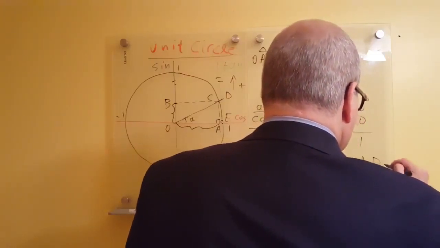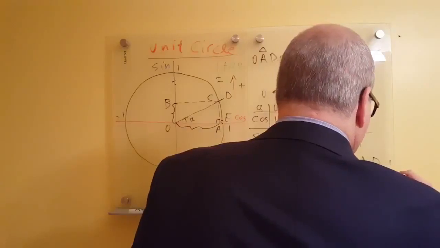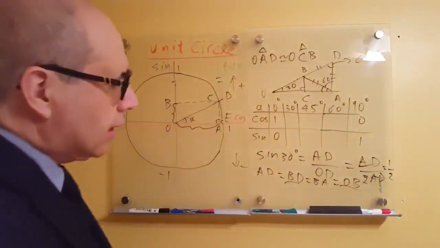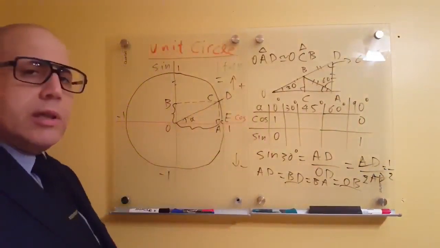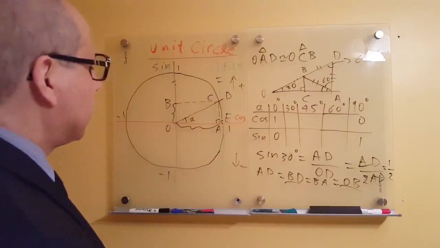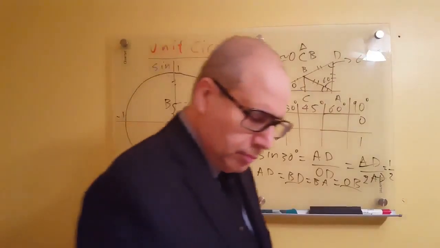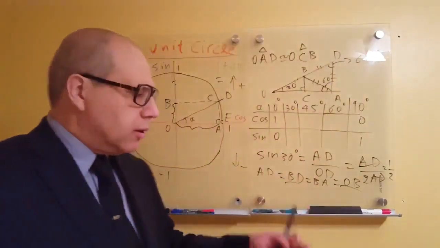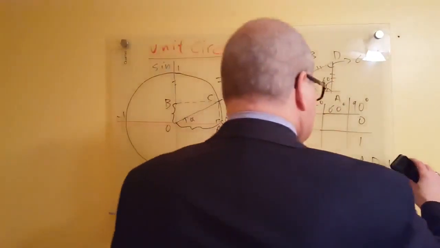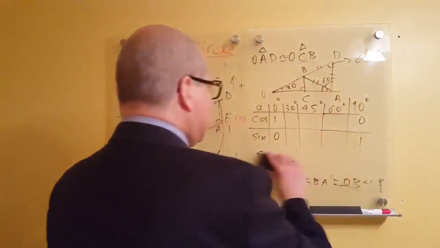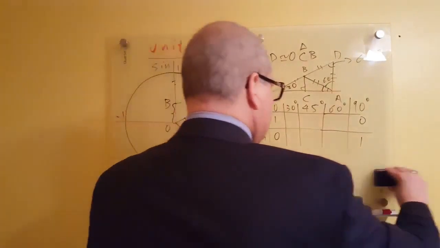So this with this cancel, and we have what we wanted, that the sine of 30 degrees is 1/2. So that's it. You don't have to remember anything.